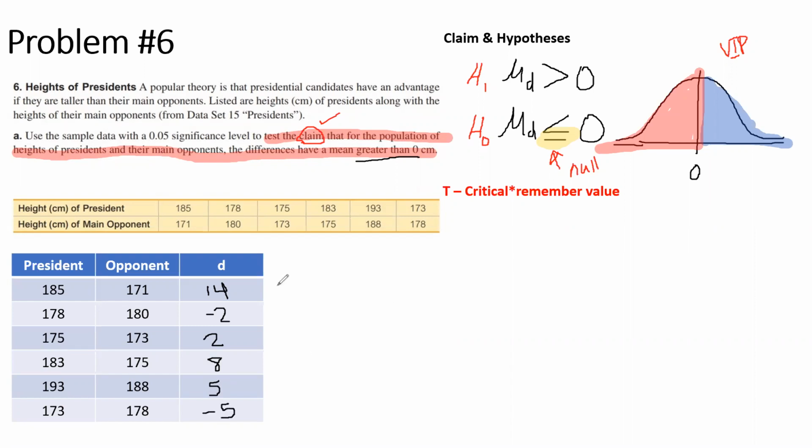All right. So then we add all these up, and that will equal 22. And we divide that by 6, and that will equal 3.667. 3.667.